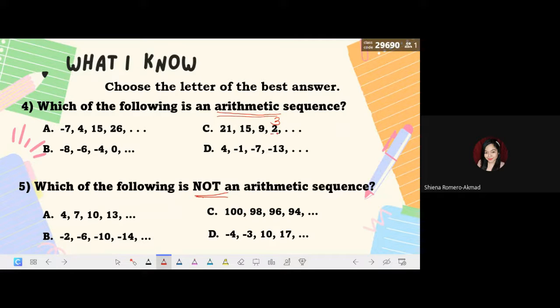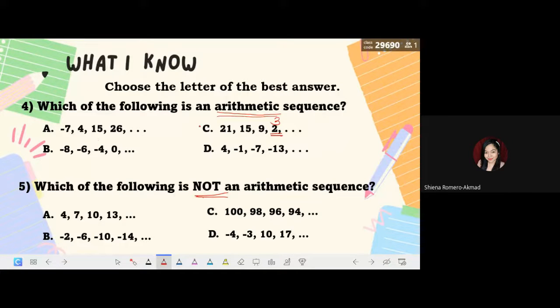Ay, kaya lang ang sequence natin, 9 follows, followed by 2. So, do you think it is arithmetic or not? Religion, is it arithmetic or not? Not po, ma'am.